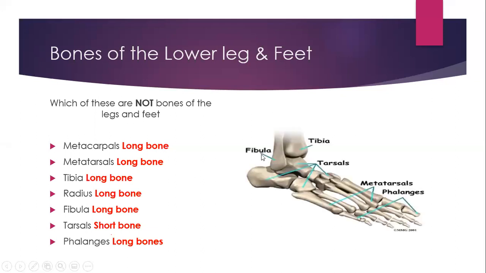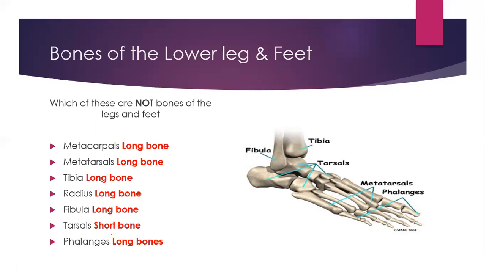So yeah, your metacarpals and your radius do not belong in your feet. You've got your radius, which is the long bone of your lower arm, and your metacarpals are the bones in your hands.